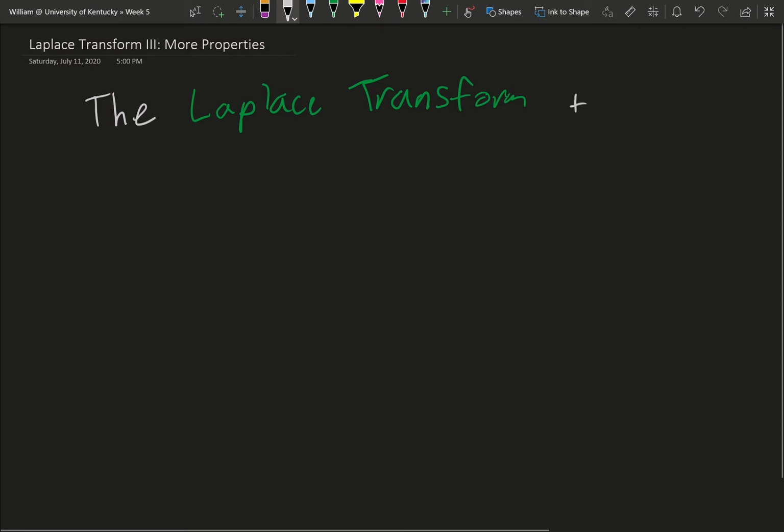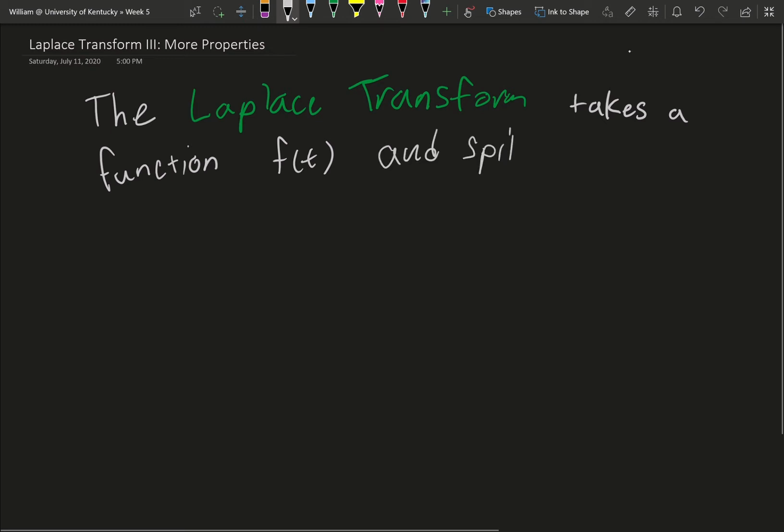The Laplace transform takes a function f of t and spits out a function of s.